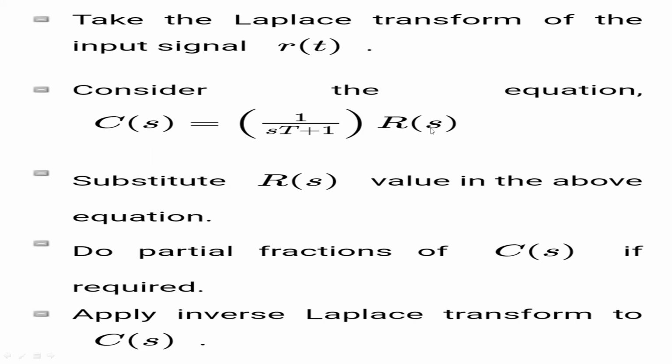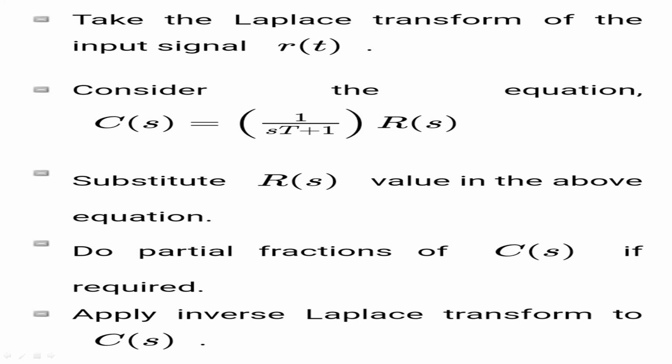Substitute the corresponding R(s) of that signal. Then do partial fractions of C(s) if required. And then finally apply inverse Laplace transform to C(s). Then you get c(t) in time domain.